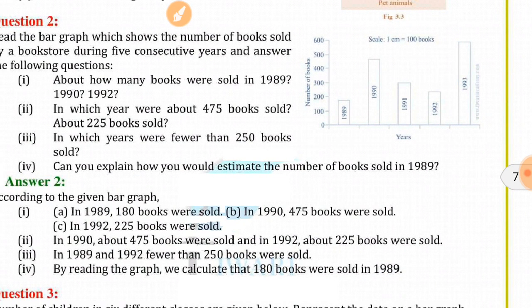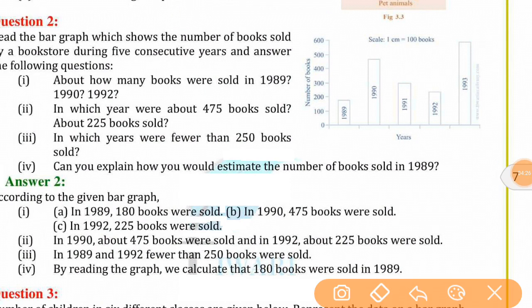So what is the question? About how many books were sold in 1989, 1990, 1992. How many books were sold in 1989? See the bar graph here. Actually it is a very thick line I am drawing, but we can use the scale when observing.